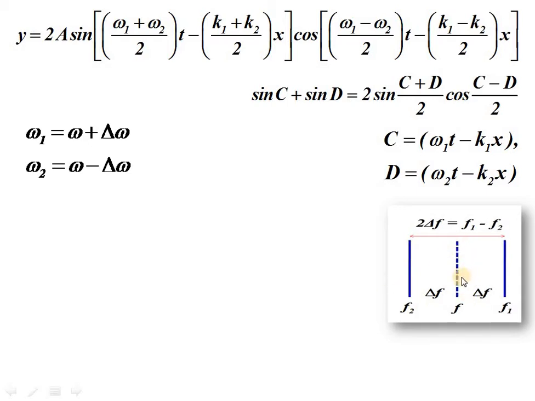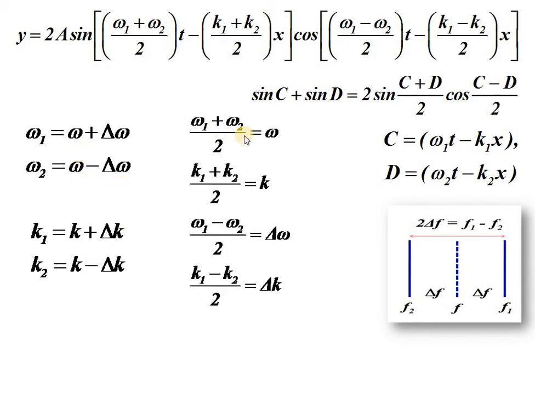So omega 1, assume that it is omega plus delta omega, and omega 2 you imagine as omega minus delta omega. Slightly different frequency. Similarly k1 and k2 can also be written in the same way, k plus delta k and k minus delta k. So omega 1 plus omega 2 by 2 will obviously be omega, and k1 plus k2 by 2 will simply be k.